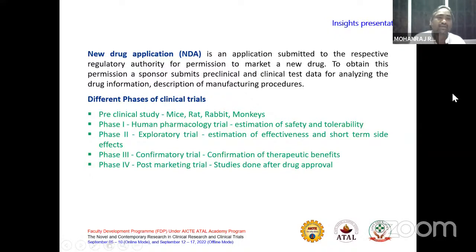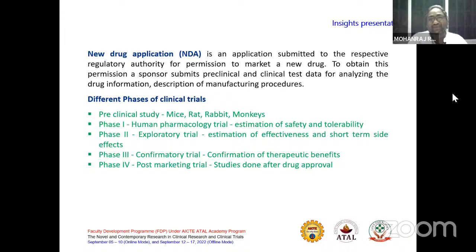Regarding certain terminologies like NDA and IND: in clinical research or a trial, an application submitted to the respective regulatory authority for permission to market a new drug is called a new drug application.